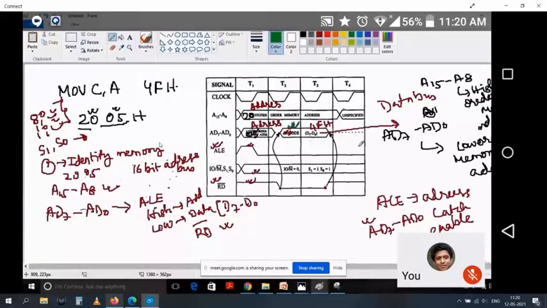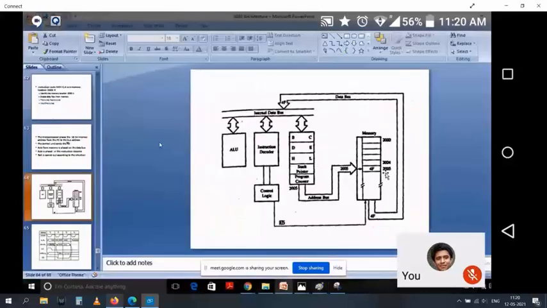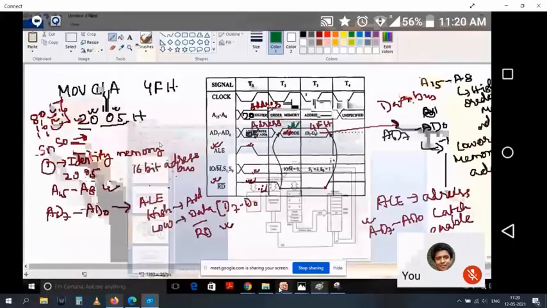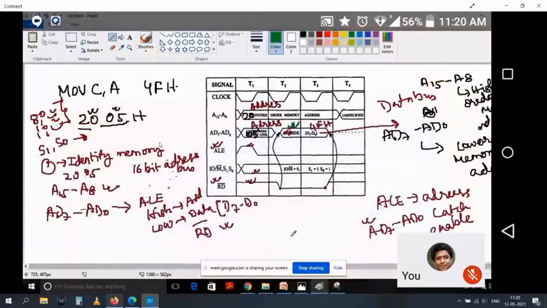The second thing is, now I am reading from the memory. From where all can my MPU read? A read operation can happen either from input output or from the memory.